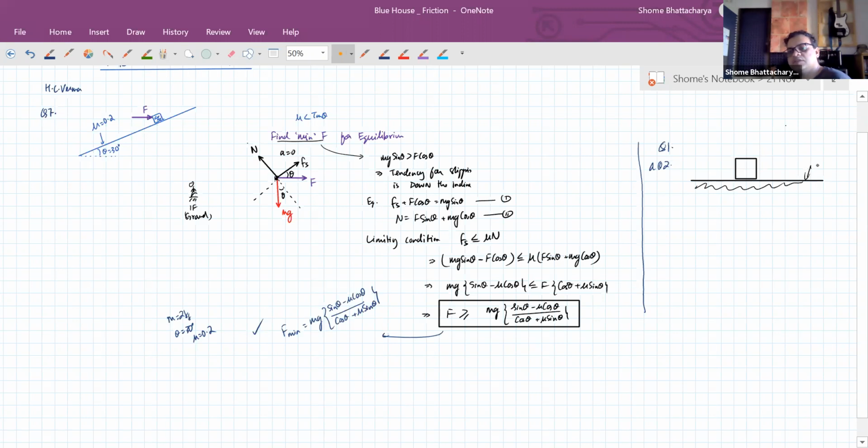So if this surface has coefficient of friction mu, and this is moving with an initial velocity of u at t equal to 0. Now what will happen is immediately friction, kinetic friction like this will start acting.